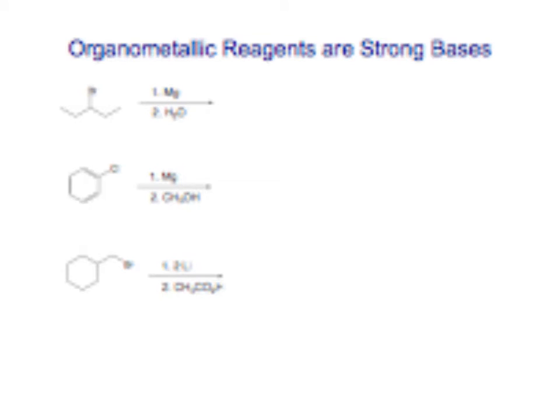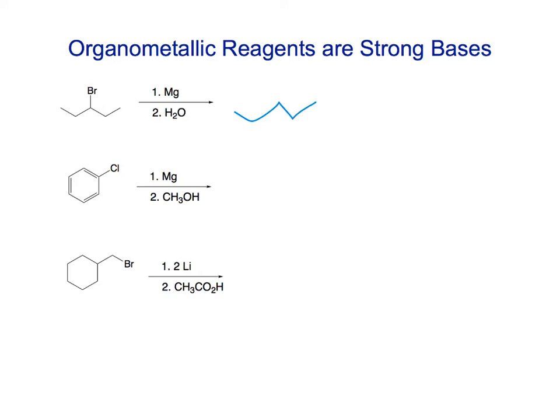For example, if we reacted 3-bromopentane with magnesium, I'll draw the intermediates here, we would get this Grignard reagent, and if we add water to that, it's not going to add an OH there. This is the common idea, but it's just going to do acid-base chemistry, and our base is this carbon right here.